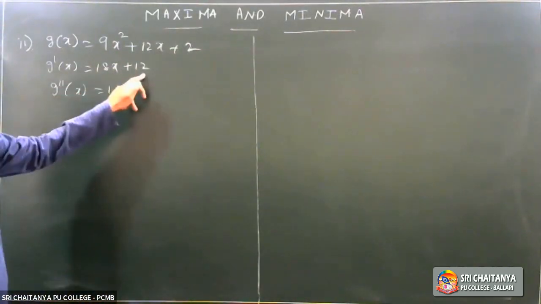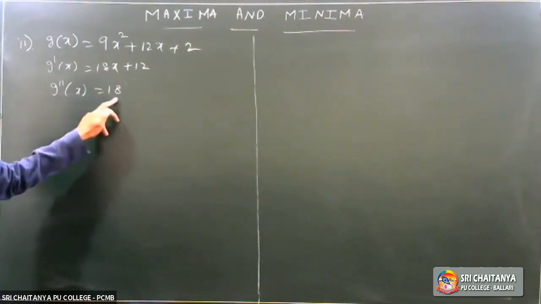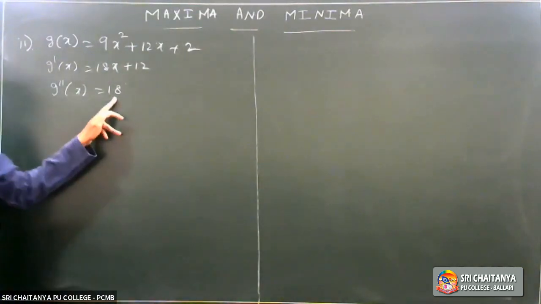The first derivative is 18x plus 12. The second derivative is 18. So, 9x square plus 12x plus 2: the first derivative is 18x plus 12, the second derivative is 18. Second derivative positive.